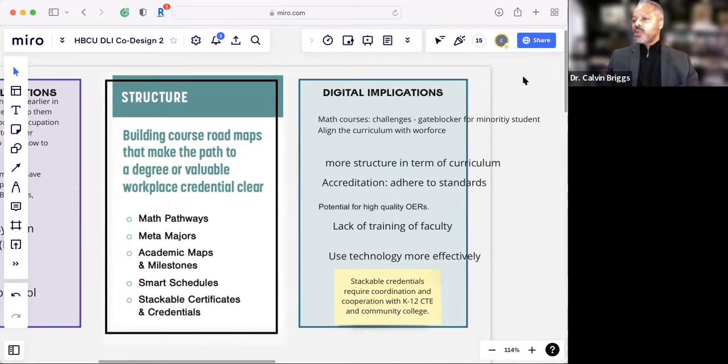So my question to you is, have you seen a tool, a resource or a software, some adaptive learning system that may help with a student's transition into their degree courses? For instance, we know algebra is the course you have to get through for just about every single major.